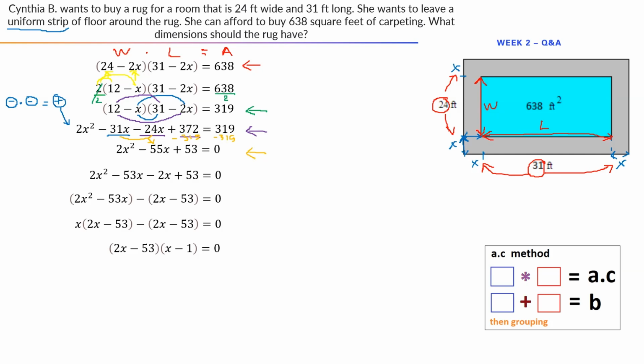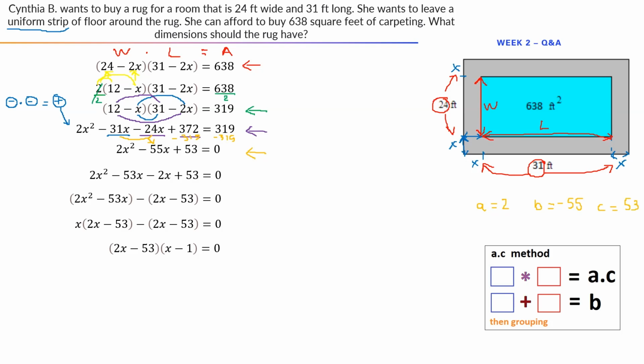Okay, now we're checking that we can use the zero factor to solve for this one, right? So I use the AC method. I have A times C. Now A is equal to 2, B is equal to negative 55, and C is equal to 53.